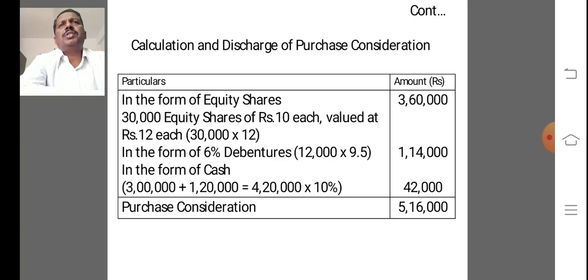And cash, 10% of the face value of shares and debentures. So 1 lakh 50 thousand plus 60,000 is 2 lakh 10 thousand into 10%, that is 21,000, half of 42,000. Here 2,58,000 is the total PC, and in the first problem 5,16,000 is the PC.